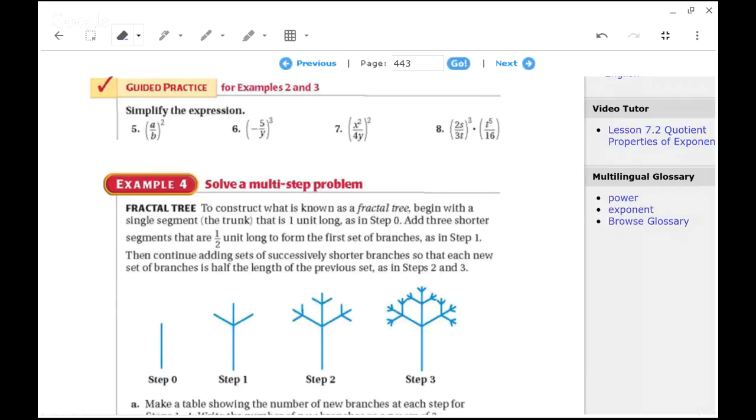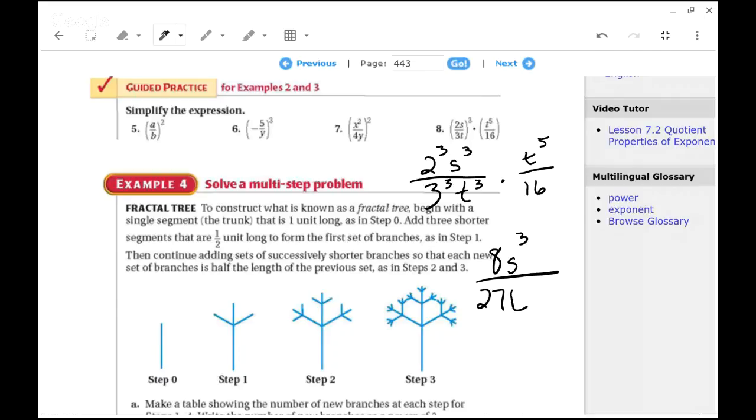So I'm going to have 2 cubed s cubed all over 3 cubed t cubed times t to the 5th over 16. 2 cubed is 8 s cubed. 3 cubed is 27 t to the 3rd.